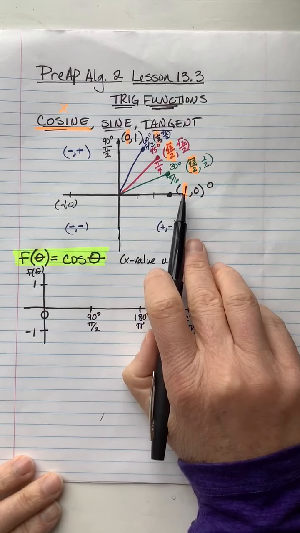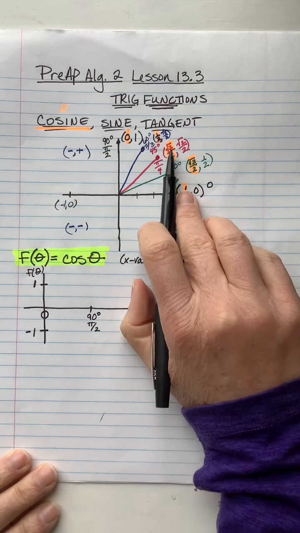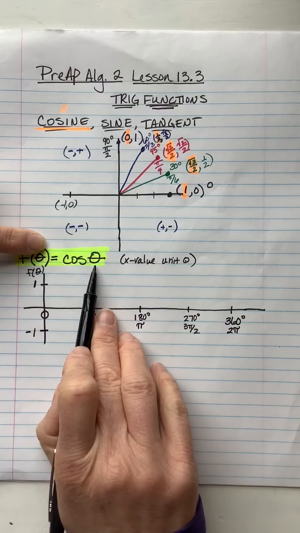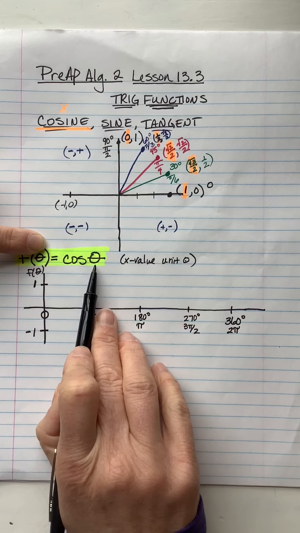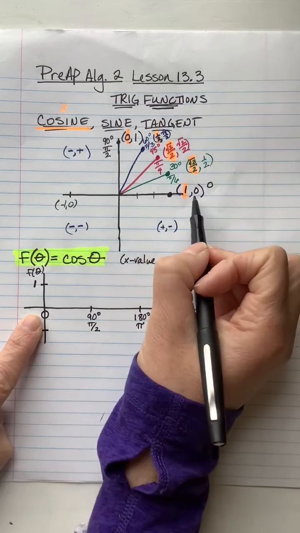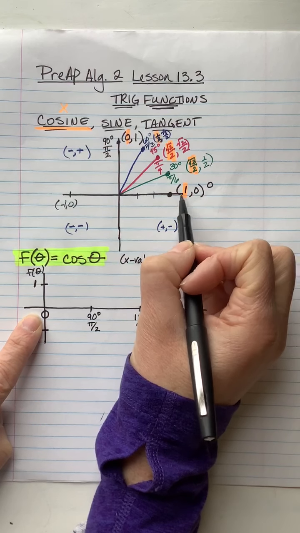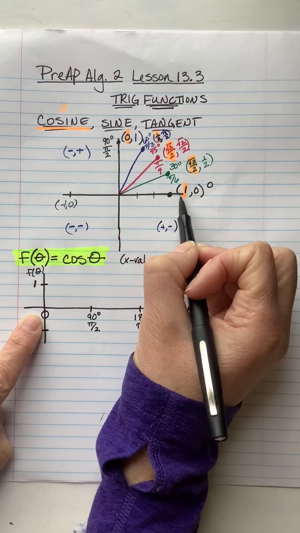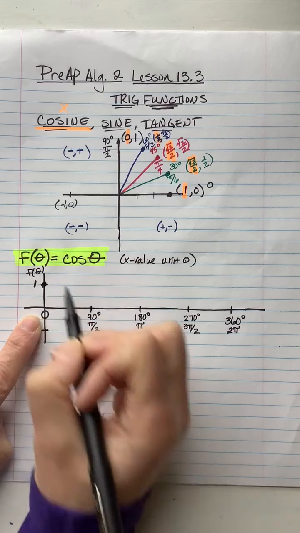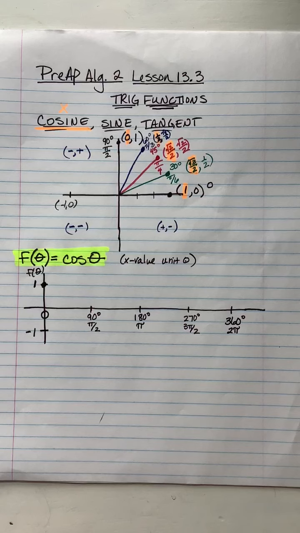Again, my eyeball is only going to be going to the x values because I am only graphing the cosine values at a certain angle. Okay, well, when my angle is 0, let's look at what happens at 0 degrees or 0 radians. My x value, my cosine value, is going to be up here at 1, so I'm going to place my point right there.